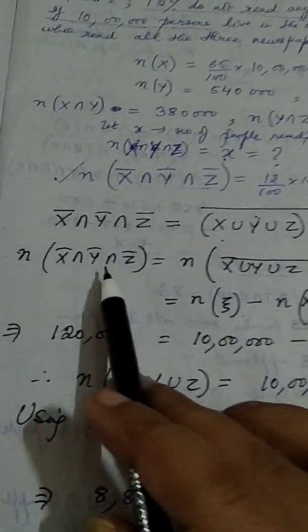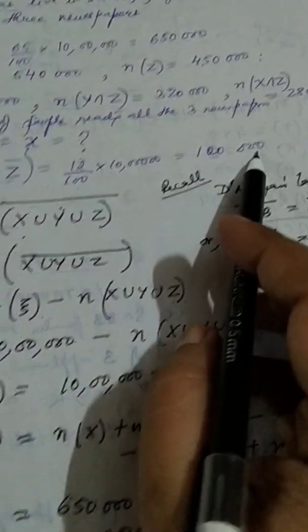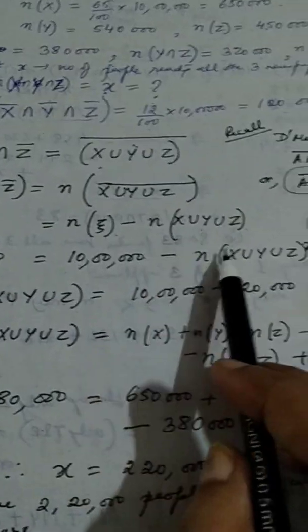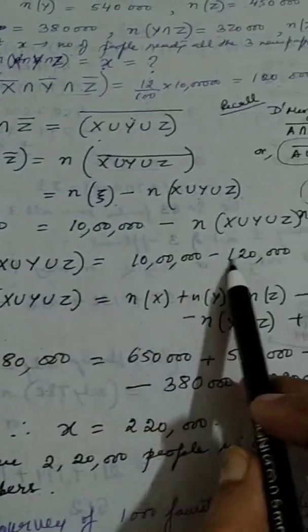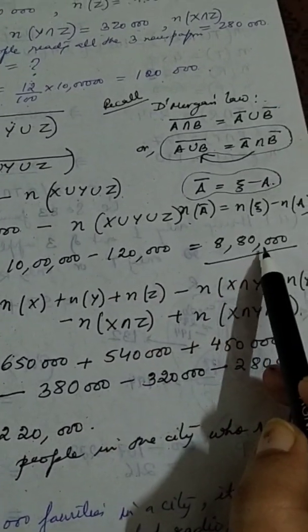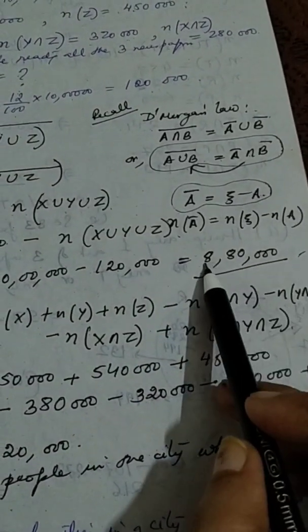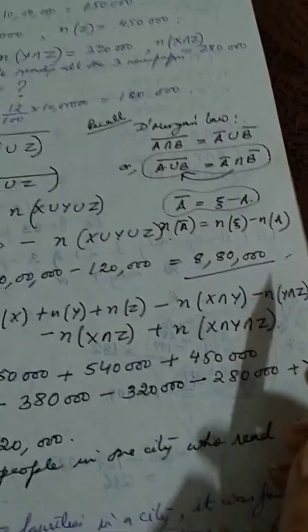I'm substituting, and I have already found this in the previous step. Therefore n of X union Y union Z is 10 lakh minus 1,20,000, and that gives me 8,80,000.